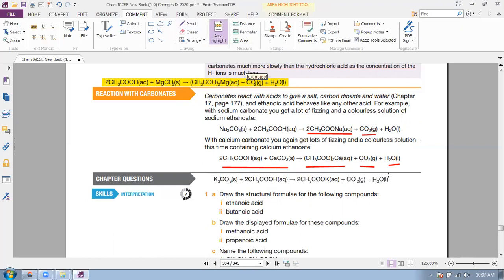I want to make it color shaded so that we can understand. Look at this. Potassium carbonate reacts with ethanoic acid. It forms potassium ethanoate plus carbon dioxide and water.